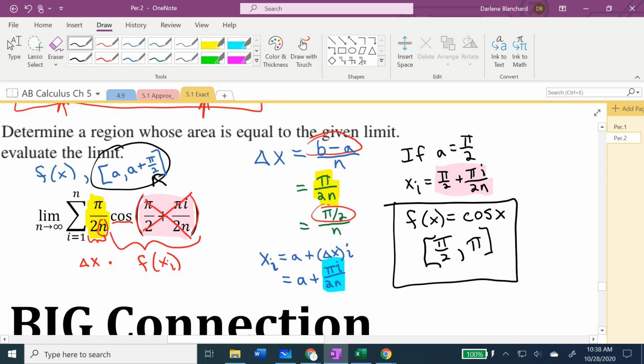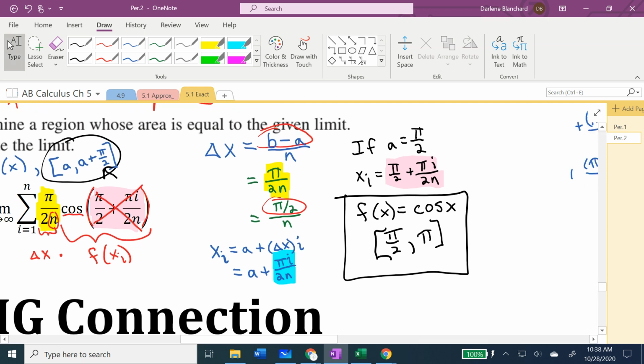This is the region whose area is equal to the given limit, but we're not evaluating the limit. Now, quickly, and we have until 10:50, correct? Okay. If a happens to be 0, if that's what I had chosen instead, then the x sub i that I would want to be highlighting in pink is just pi i over 2n.